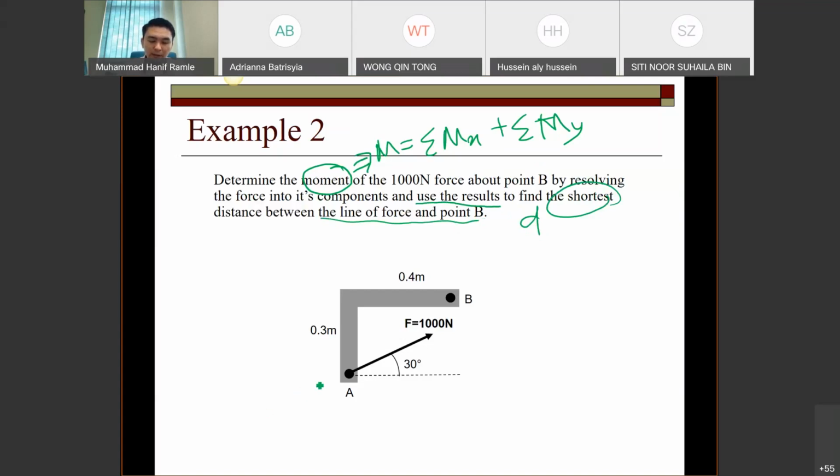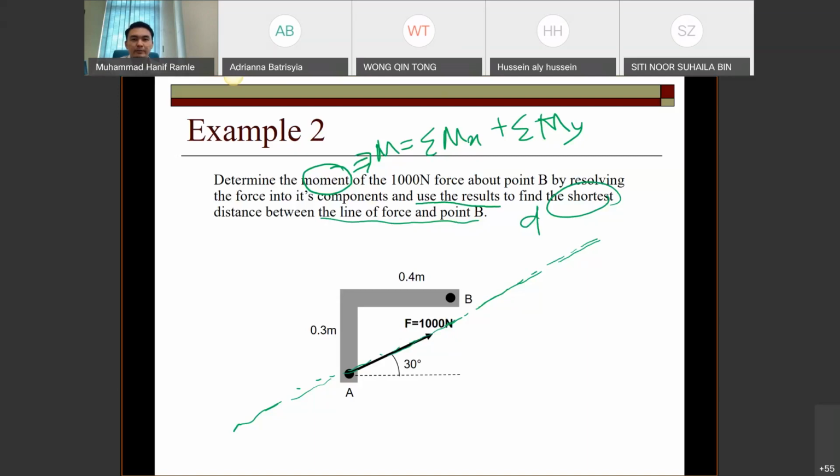Okay, so this is the line of action. My question is, where is the shortest distance? Where is the shortest perpendicular distance?